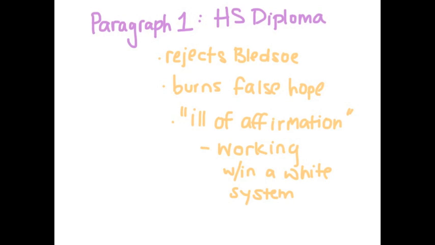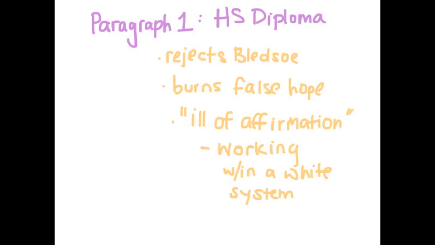As my thesis dictates, I might start off my first body paragraph with a description of the burning of his high school diploma and its significance. So perhaps I'd say that by burning his high school diploma, the Invisible Man rejects Bledsoe's idea of working within the white-dominated system to gain power.